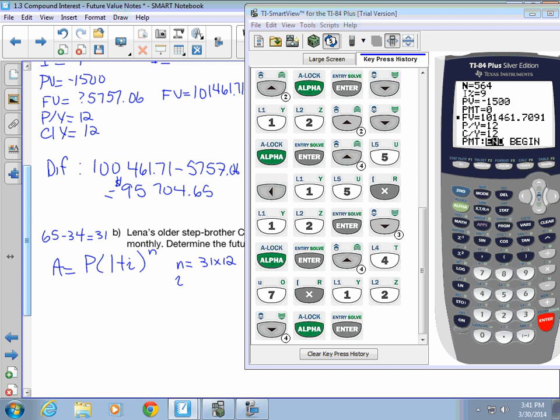The i then is that 9% divided over those 12 periods, and our principal, of course, is that $1,500. So if you use the formula, he would have 1,500 times 1 plus 0.09 divided by 12, to the power of 31 times 12, which should be, I think, 372 if I did my calculation right.